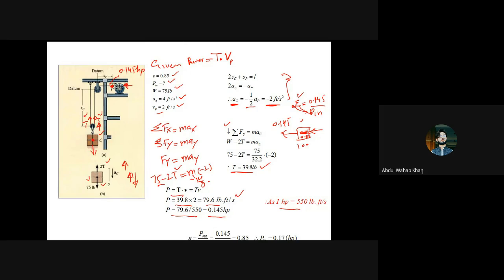So this is the equation. From here we put this value, so we can find out the P input. So P input is how much? 0.17 horsepower. This 0.17 horsepower is the power that we need to supply from the outside, right?